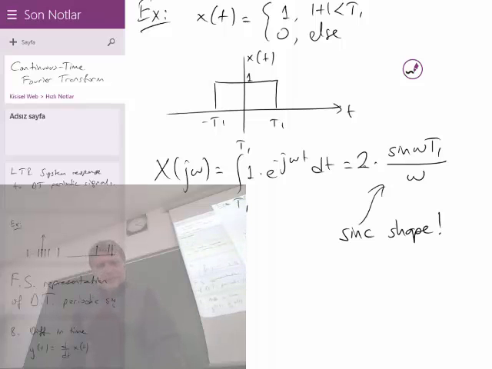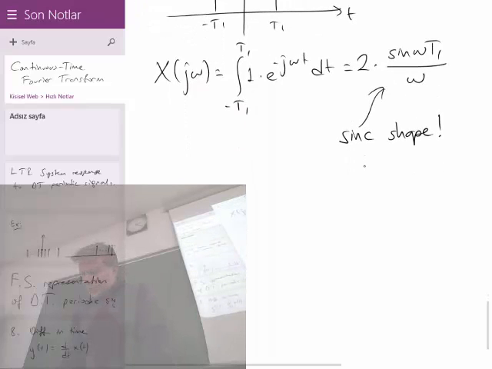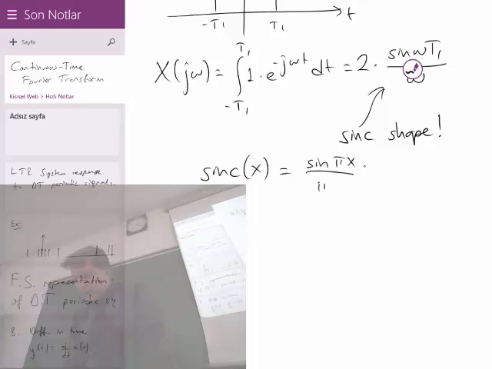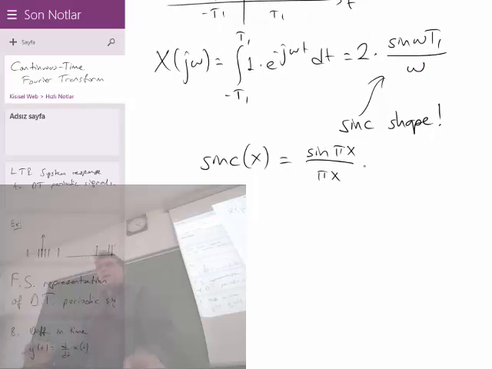In fact, the true definition of sinc of x is equal to sine of pi x divided by pi x. This is the standard form of sinc, and in terms of sinc, we can express it without pi's or anything.